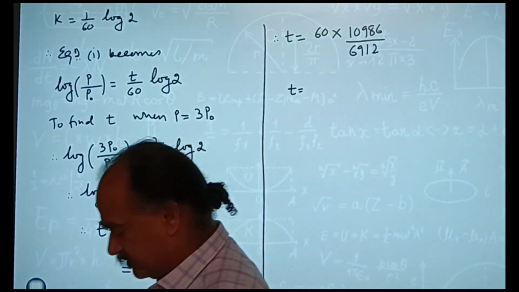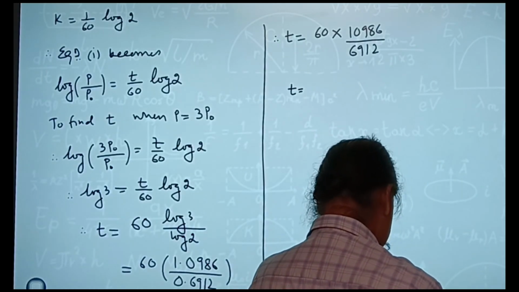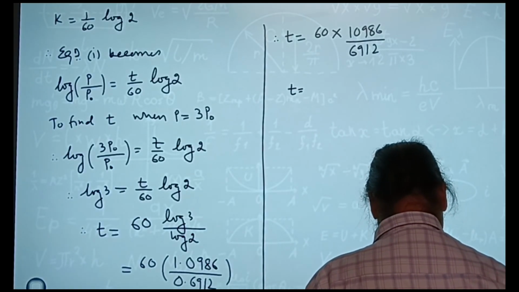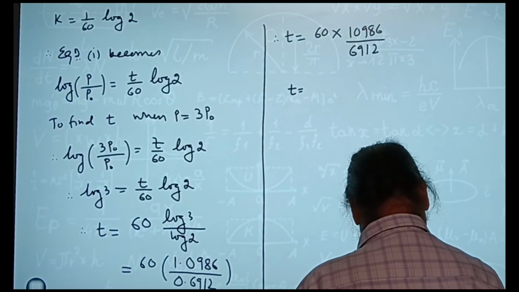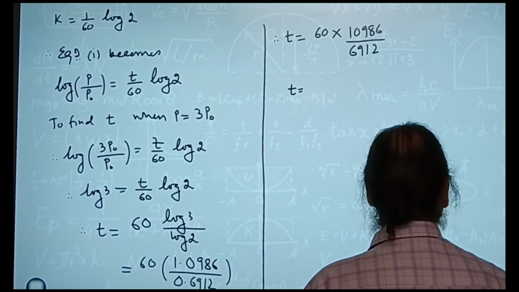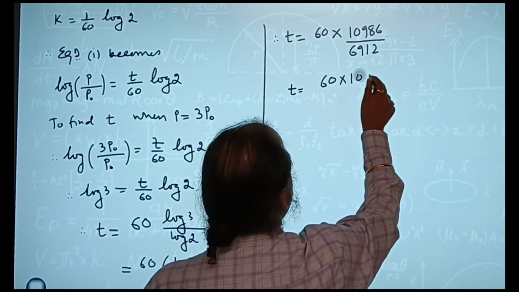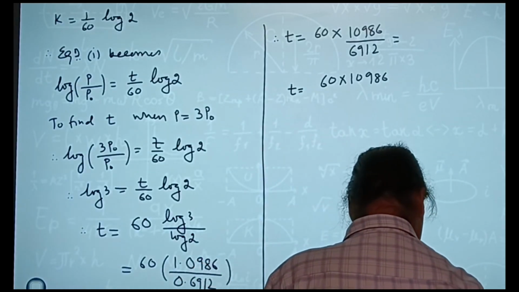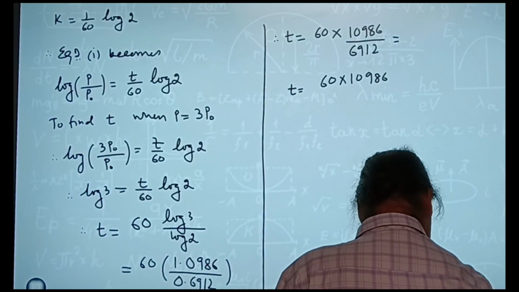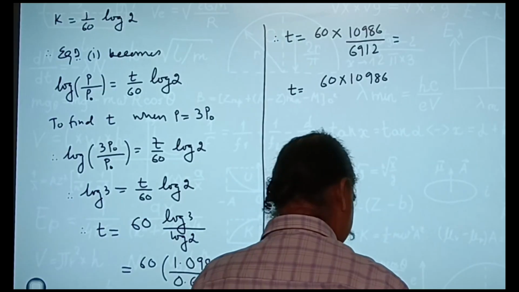Now we can divide, we'll get 60 into 1.0986 upon 0.6912.